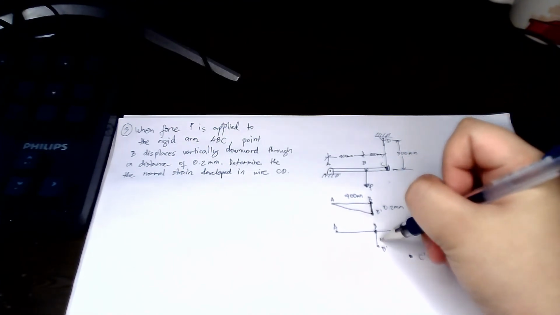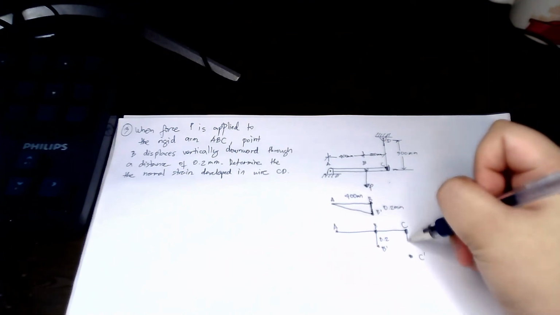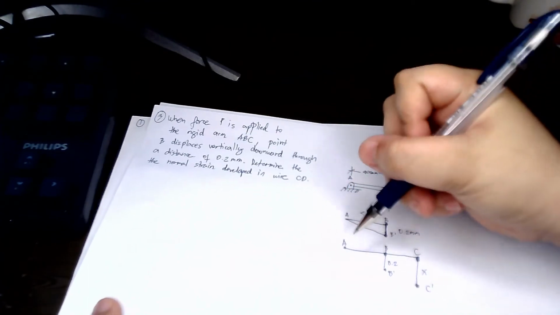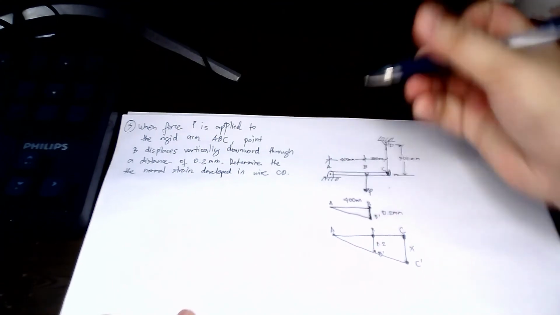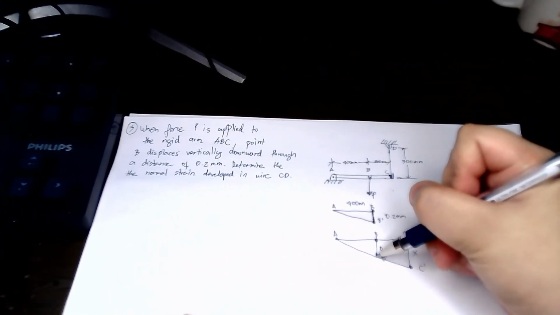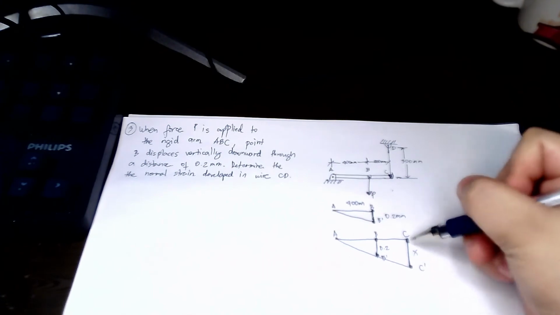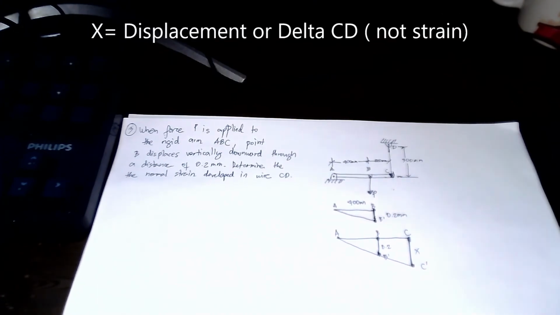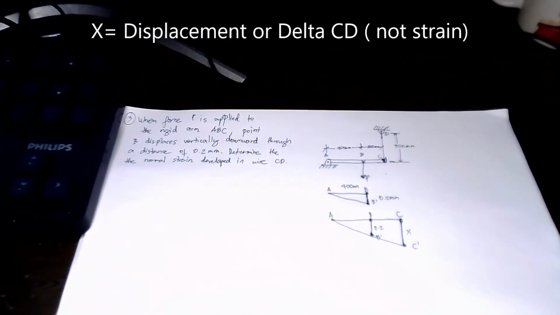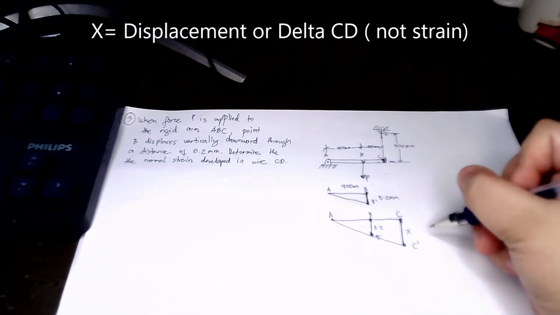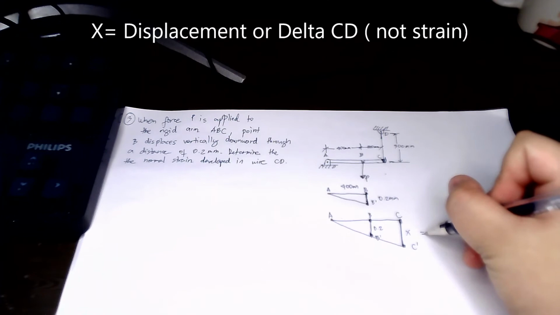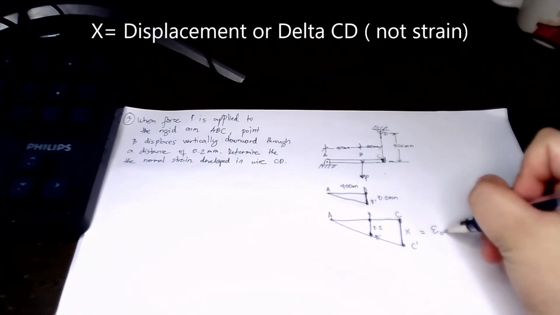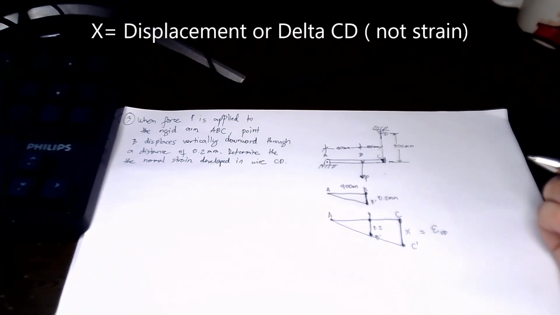So this is 0.2 and this, we will assume, is X. Okay? So by trigonometry, the ratio and proportion, it's basically as simple as this. And this X is equal to your strain CD.